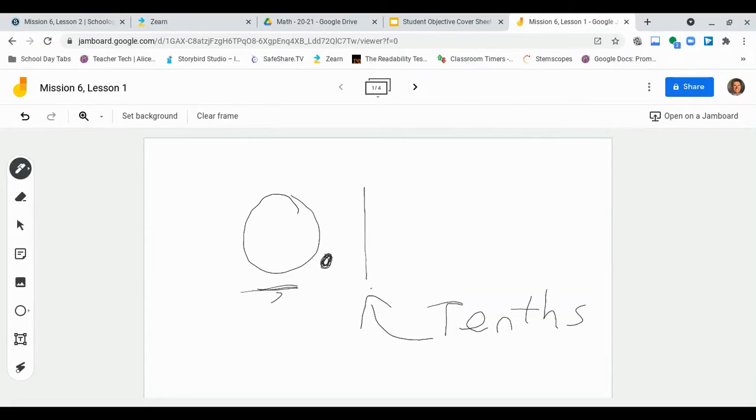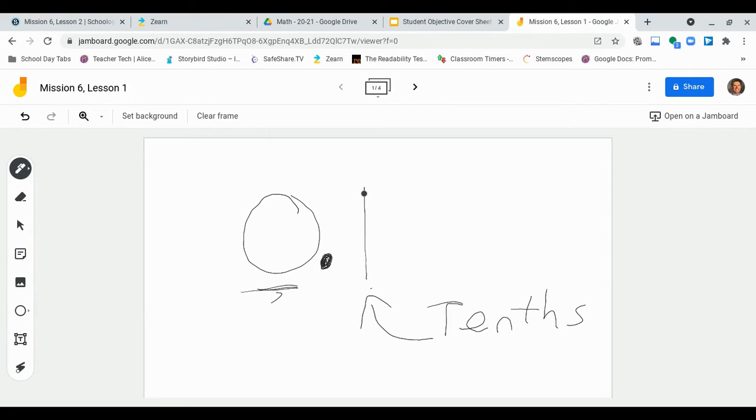This is an example of what a decimal number looks like. Here we have 0, and then our decimal, which is basically like a period, or dot, and then our decimal number, 1, so 0.1.